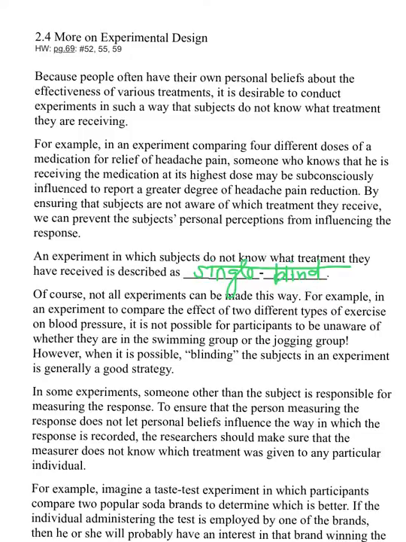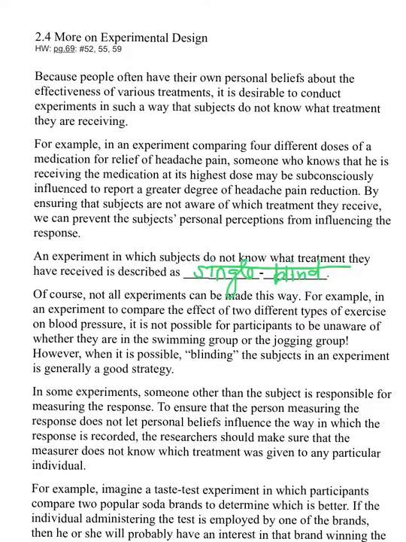For example, if somebody knows that they're getting the highest dose of a medication, they might think, oh, I should be getting better. So their response could be different than, let's say, somebody who knows they're in the control group and they don't think that they should be doing any better, so they don't react like the other groups do.